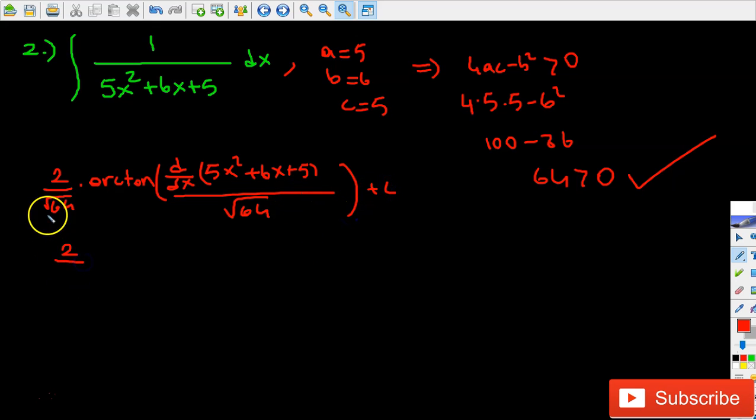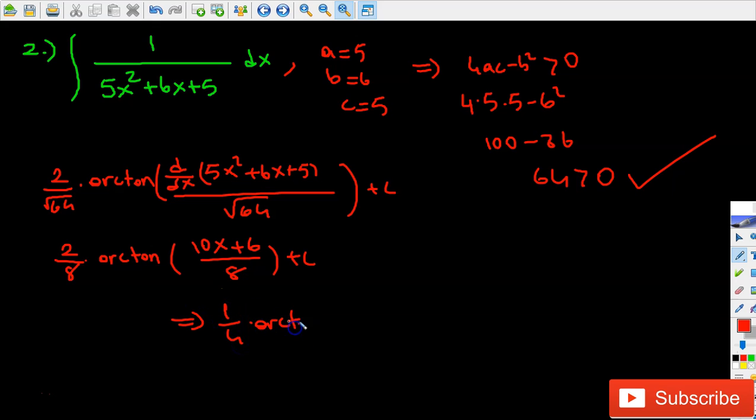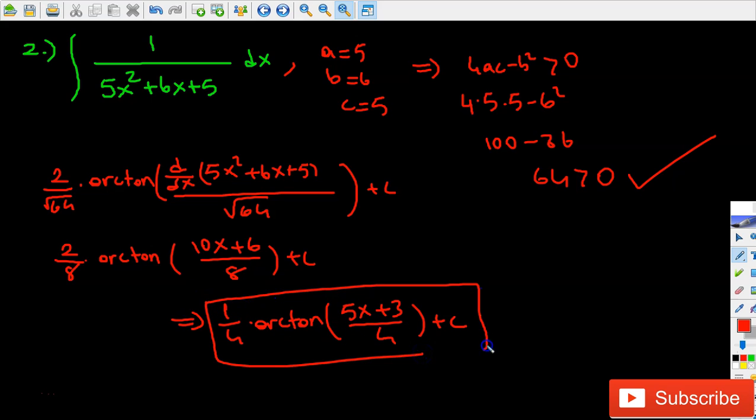Then 2 over the square root of 64 is 8, so 2 over 8 times arctangent. The derivative of 5x squared plus 6x plus 5 is just 10x plus 6, over 8, plus c. If I simplify further, we get 1/4 times arctangent of 5x plus 3 over 4, plus c. So this is going to be our final answer.